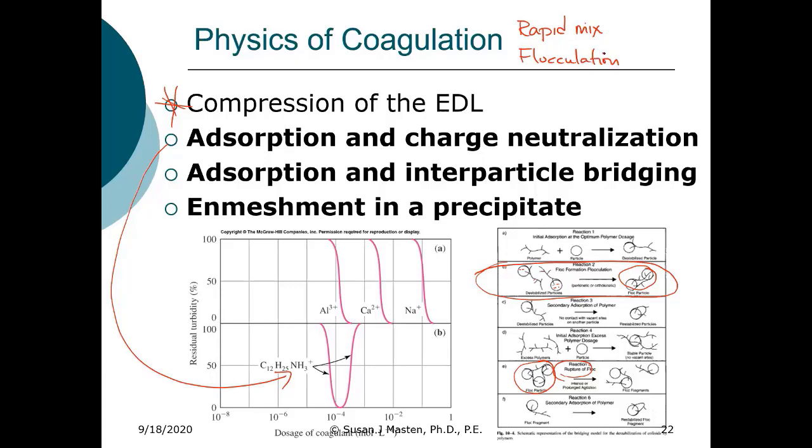So we need to be very careful here, because if we have too intense mixing, we end up with this situation right here, where we actually rupture the particles and we restabilize the colloid. If we don't have sufficient mixing, then those particles don't come in contact with one another, so therefore they can't combine and become large enough.